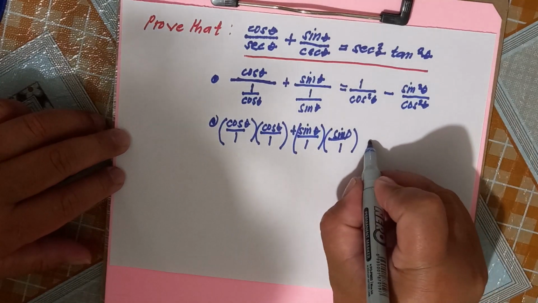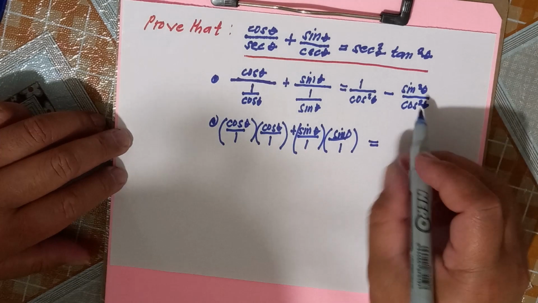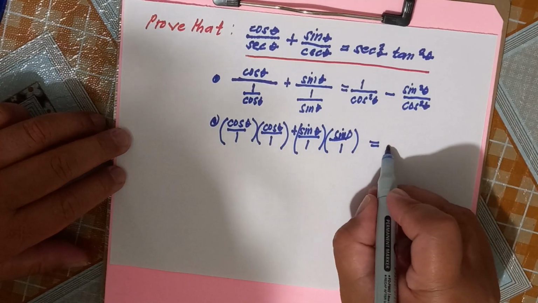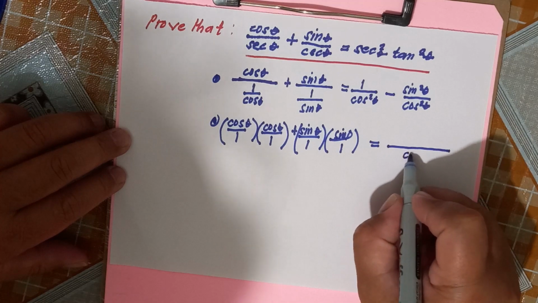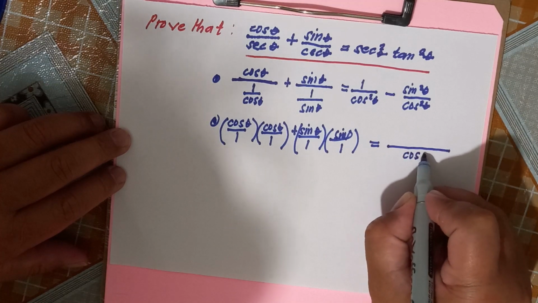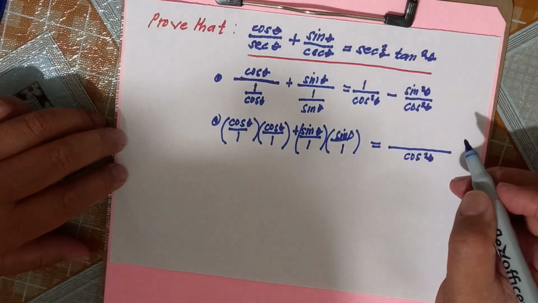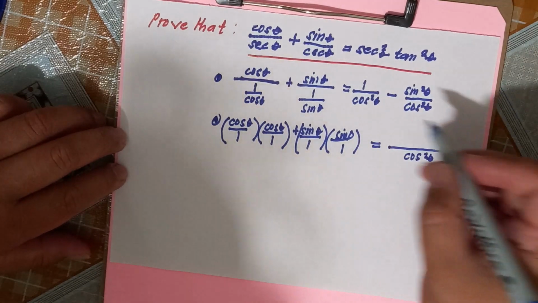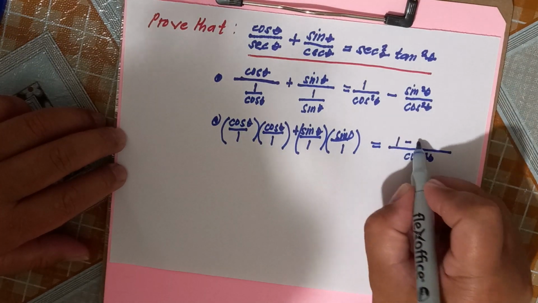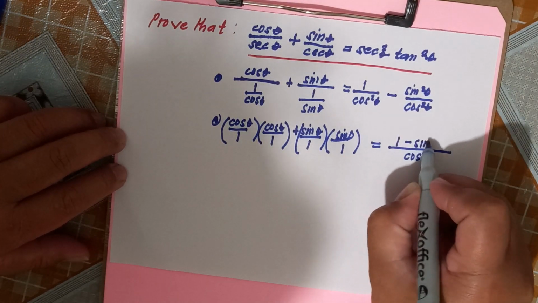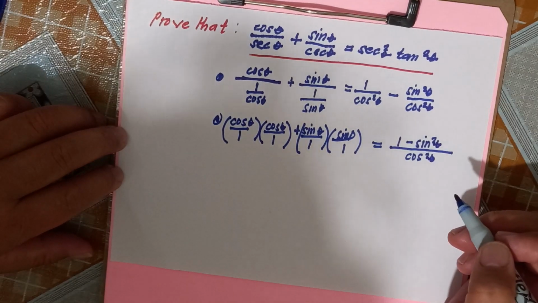Now what about the other side? Notice that it is a subtraction of fractions with the same denominator. And so how do we subtract fractions with the same denominator? We just copy the denominator, cosine squared theta, and then subtract the numerators. Now what is that? 1 minus sine squared theta.